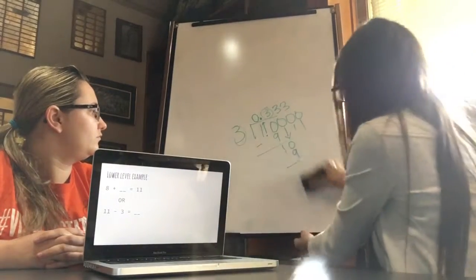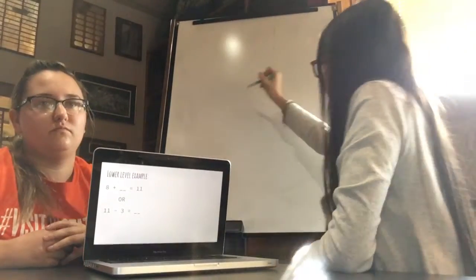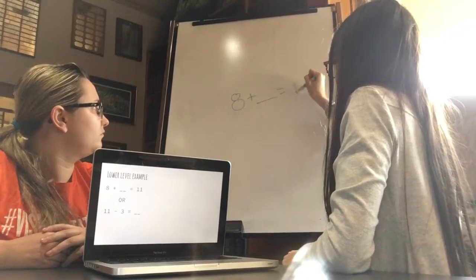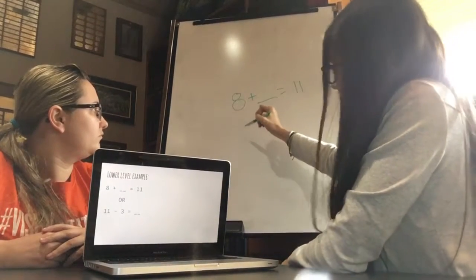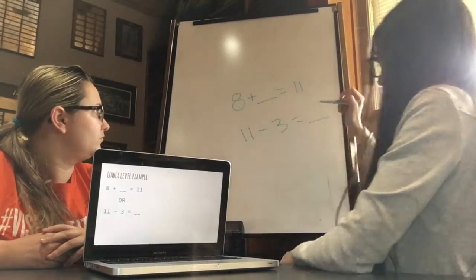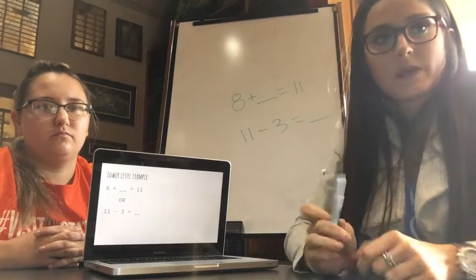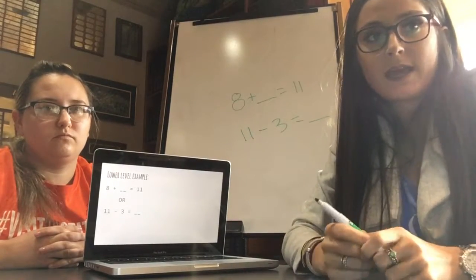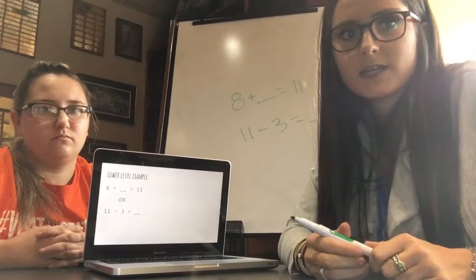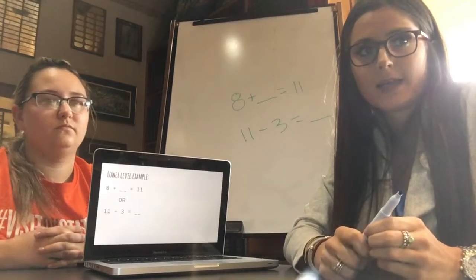Our next problem is 8 plus blank equals 11, and 11 minus 3 equals blank. So here students at this time should be able to say 11 minus 8 equals what for the first example. And this comes in 2nd grade in the Common Core Standards. 11 minus 8 equals what?